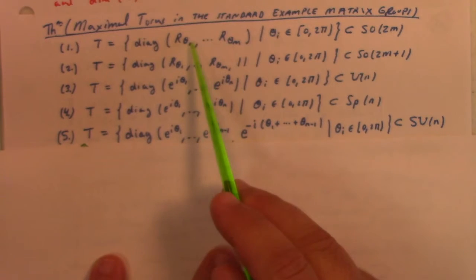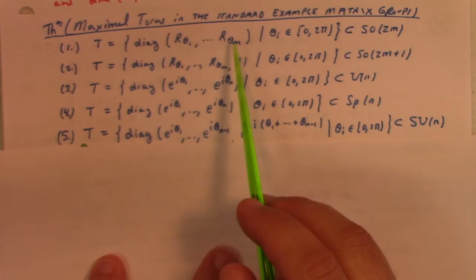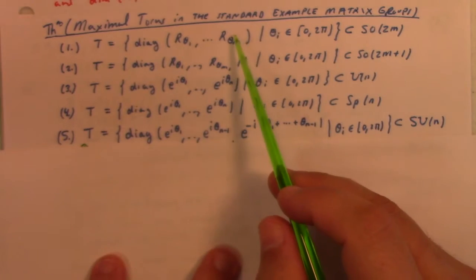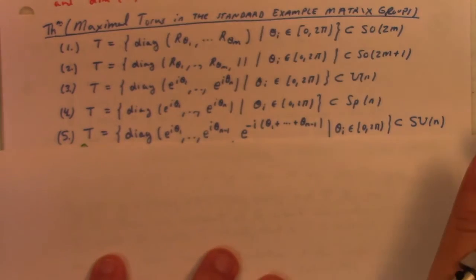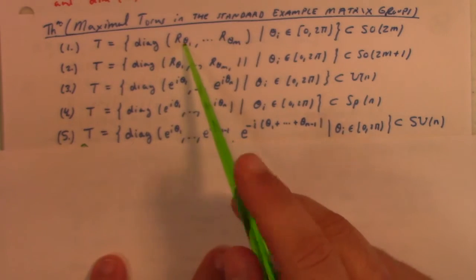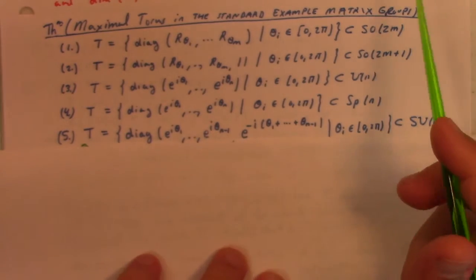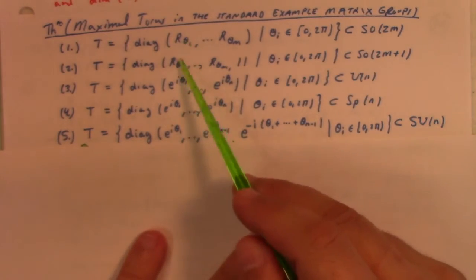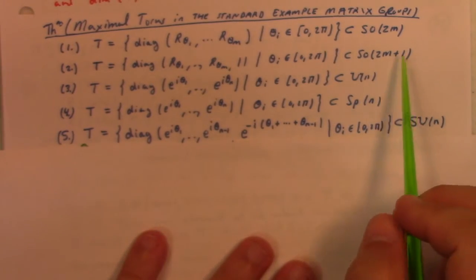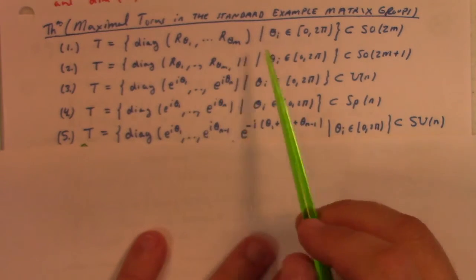I'm not sure what this R notation is. Alright, well, I should look that up. On the other hand, for the odd dimensional special orthogonal group, the maximal torus picks up this extra little one here, right? Like that.